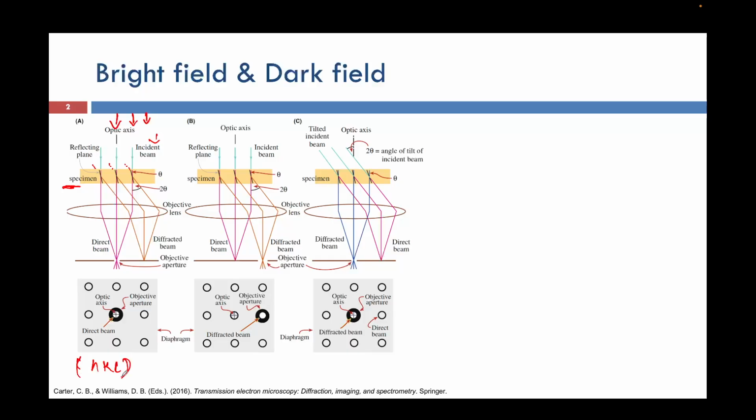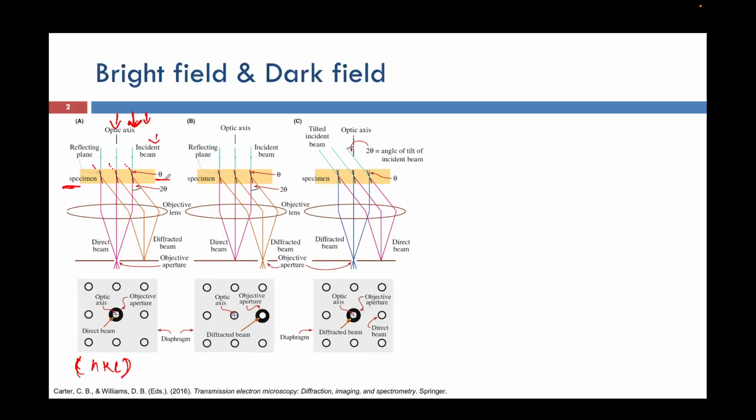Okay, so these are the real space planes, and since our electron beam is coming and the planes are not perfectly aligned, that is not a zero angle. So with some incident angle theta, it is incident on our sample.